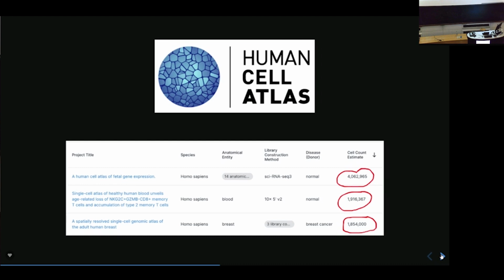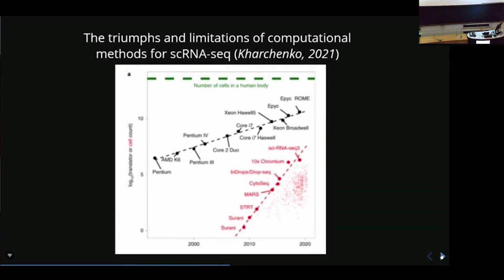So if we want to analyze these experiments in one go without pre-selecting the cells we want to work on, we really need to work on the methodology development so that we can handle that, right? Also, this is from a paper of 2021 from Svensson.